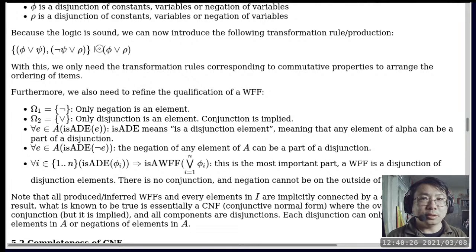That infers a new expression. The new well-formed formula is phi or rho. What is cool about this is we get rid of a component, because psi disappears after the inference. So that is really, really cool.